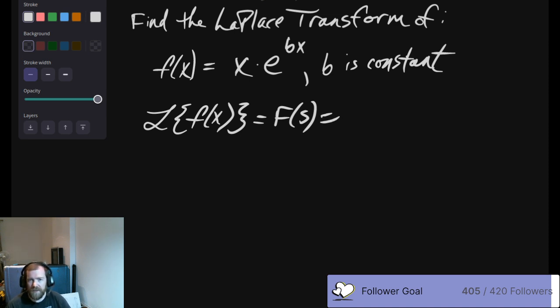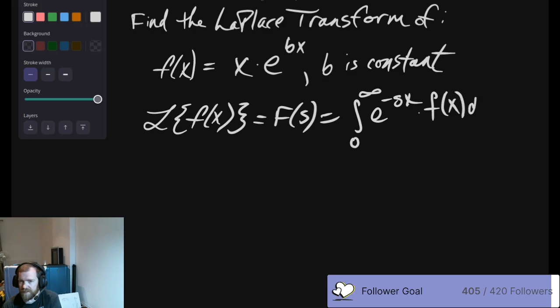Okay, so typical notation is to say that cursive L Laplacian of, using brackets, f of x is equal to capital F of s. So we're using s as a dummy variable, which is then used in the definition, which is going to be equal to the integral from 0 to infinity of e to the negative sx times f of x dx.